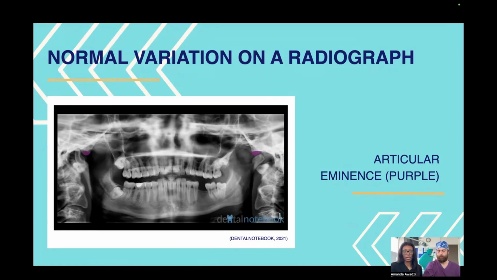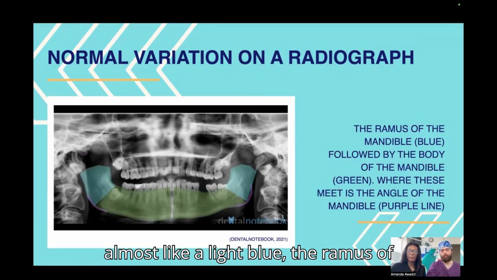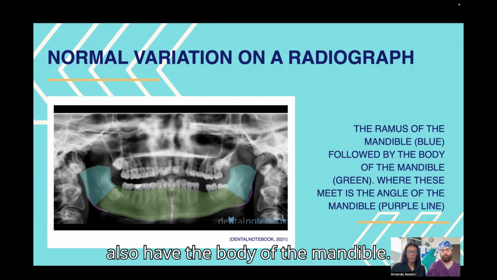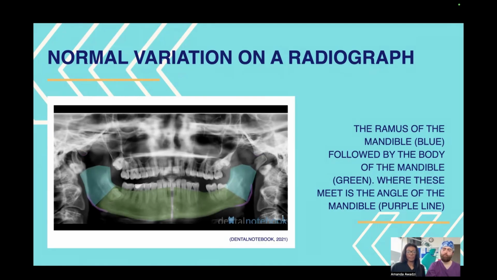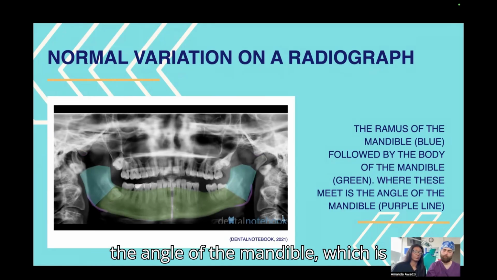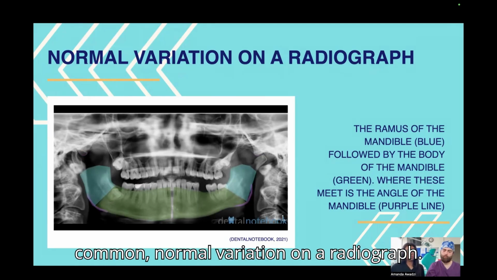And then we have, in a light blue, the ramus of the mandible. And in green, we also have the body of the mandible. Where these two anatomical structures meet is known as the angle of the mandible, which is depicted by the purple line. Again, a very common normal variation on a radiograph.